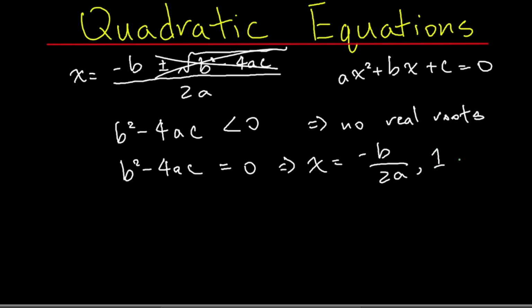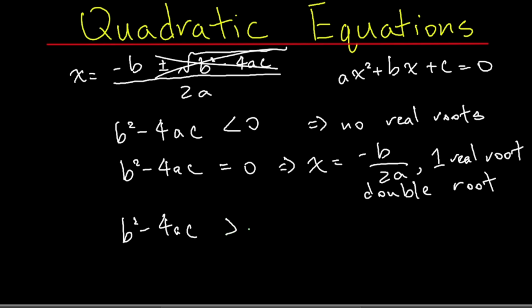One real root, or in this case, we call it a double root. And finally, if b² − 4ac is greater than 0, then there are two real roots.